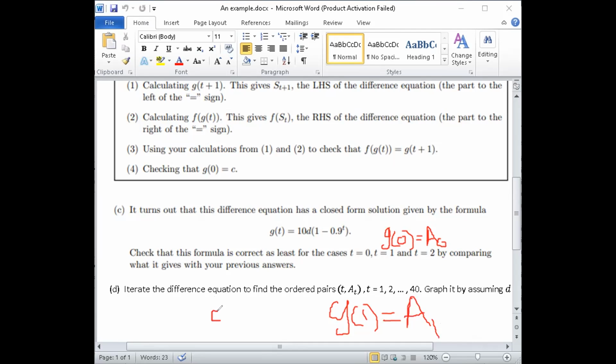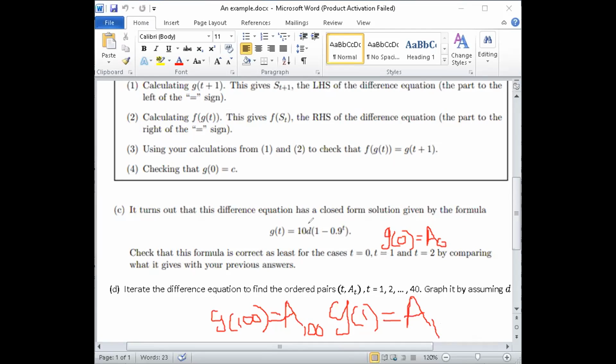G of 100 would be the same as a sub 100. That is the closed form. So use this one to find all the a sub t values.